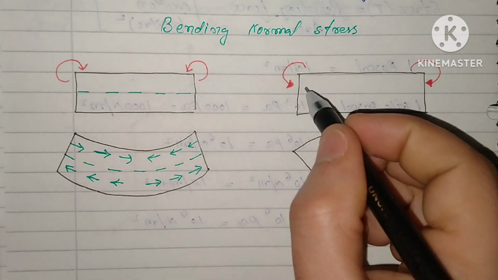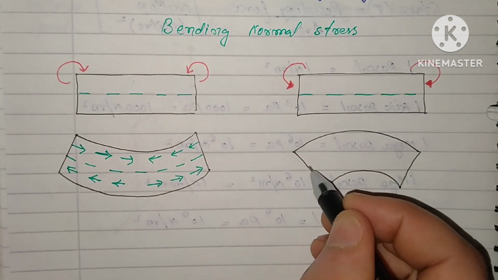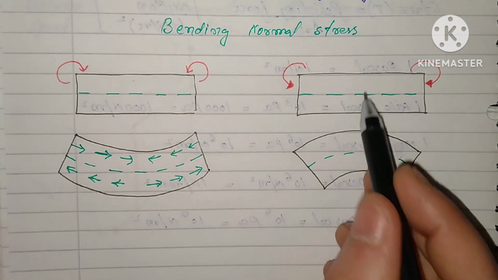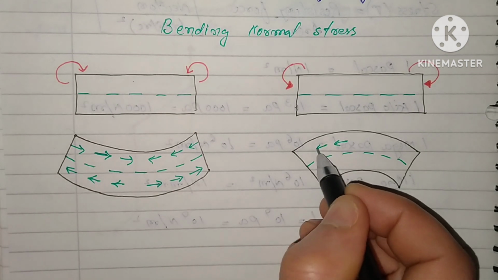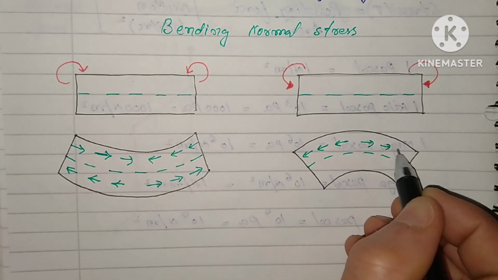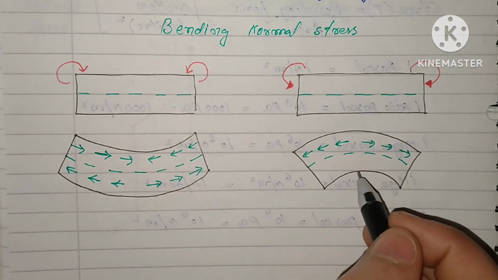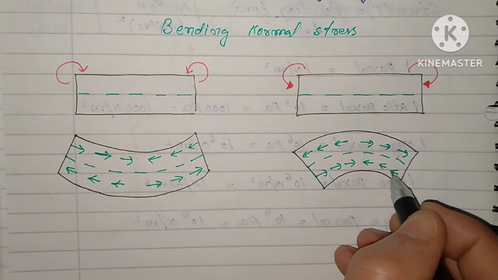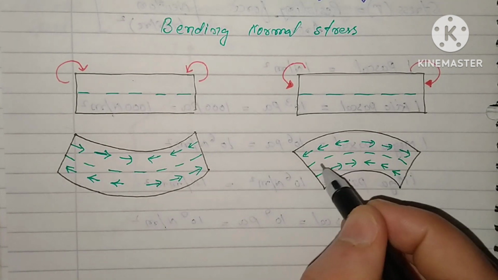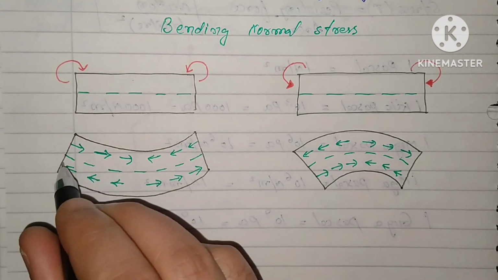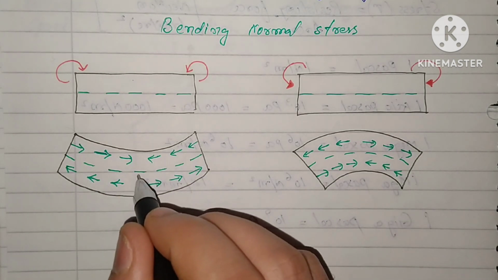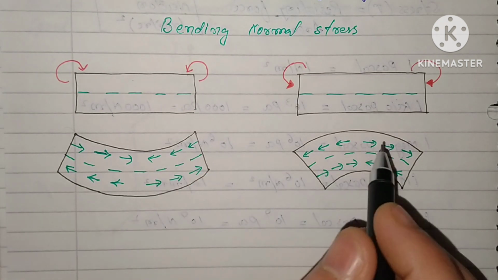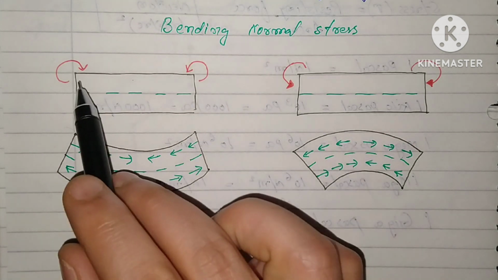Here is the neutral axis. The material above the neutral axis is subject to tension because it expands, and the material below the neutral axis is subject to compression because it contracts. But the neutral axis remains the same; that is a later discussion. That depends upon the types of loading.